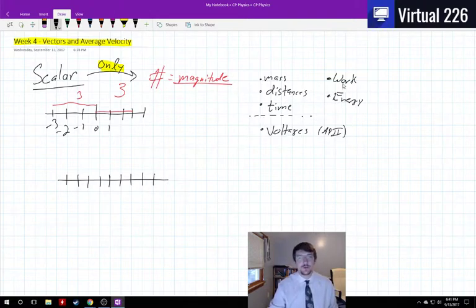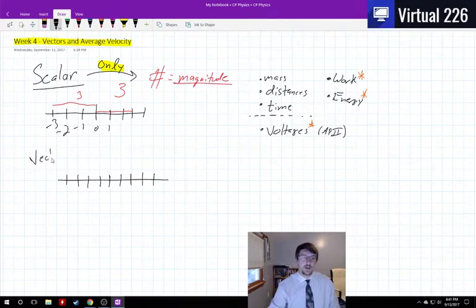These values, while they could have sign, really are a magnitude; they're scalar quantities. We're not overly concerned with the positive or negative, although I will put an asterisk next to a few of these because things get weird. We'll talk about those as we go on in the year.